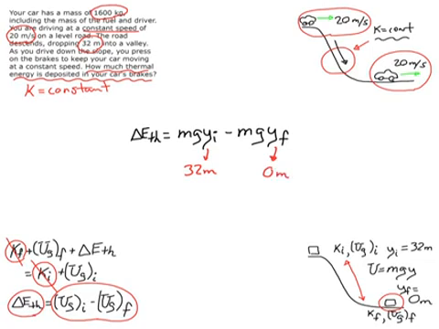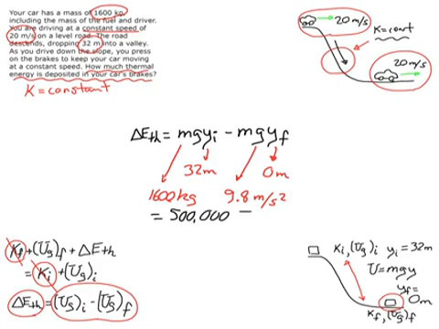We can also substitute the mass of the car, plus the fuel, plus the driver, 1,600 kilograms, and a value for g, 9.8 meters per second squared. That gives us everything we need to solve the problem. If we substitute the numbers, we calculate, to two significant figures, a final answer of 500,000 joules. Let's take a look and see if that makes sense.